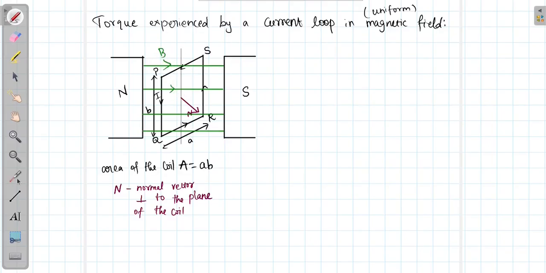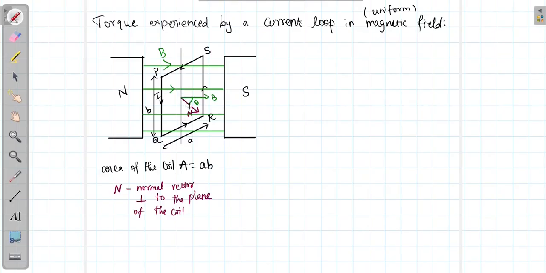At this particular point, this is B. The angle between B and N is theta. N is nothing but the area vector of the coil.